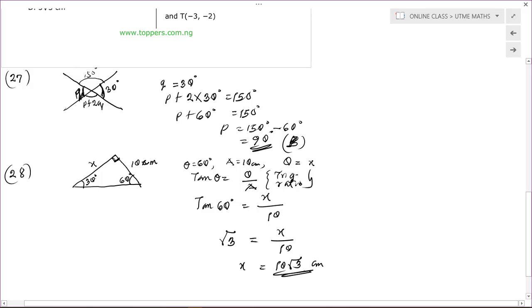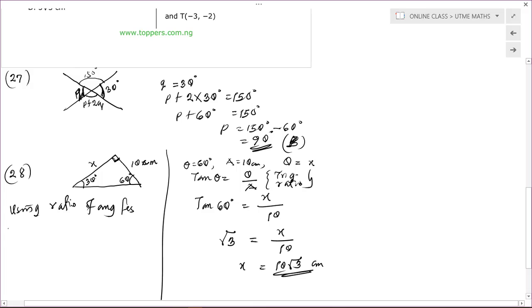This question can also be solved in another way. There is something we call using ratio of angles. That's another formula indeed. So here, what do we do?